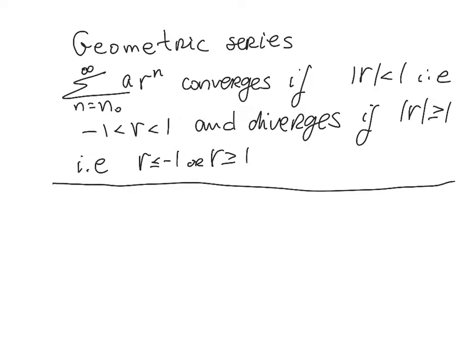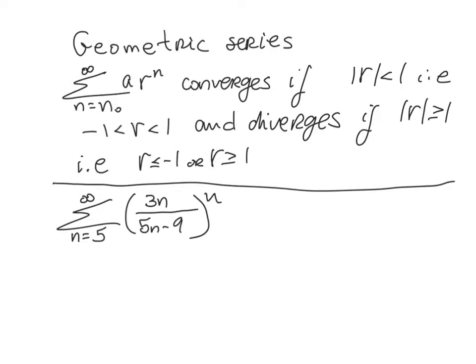And now let's return and determine if the series starting at 5 to infinity of (3n divided by (5n minus 9)) to the n converges or diverges. So first we notice a pretty simple fact, and this will be our starting point: 9 is less than or equal to n if n is greater than or equal to 9.